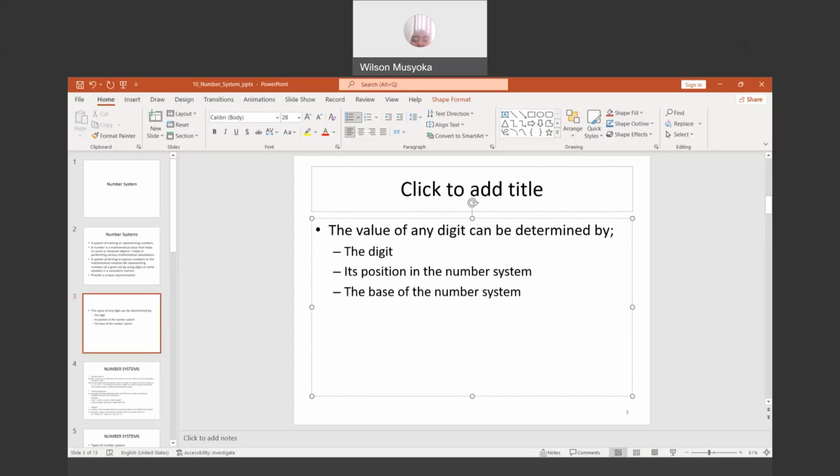So those are the three things which are going to determine how the numbering system is going to be.